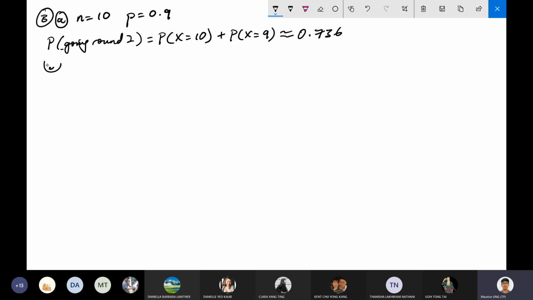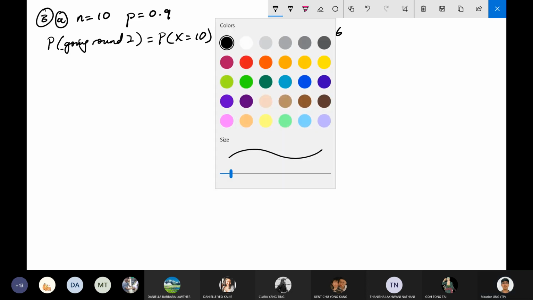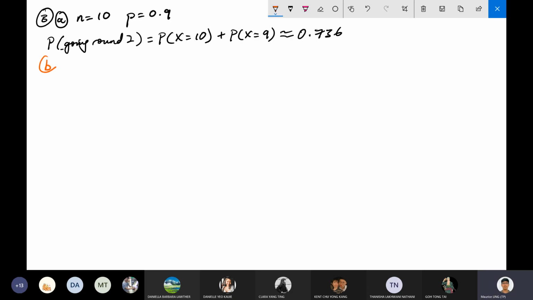Part B says that for the second interview, there are only 3 interviewers. The probability of each interviewer passing is 80%. But the candidate will only secure the job if all the interviewers pass him at this round.